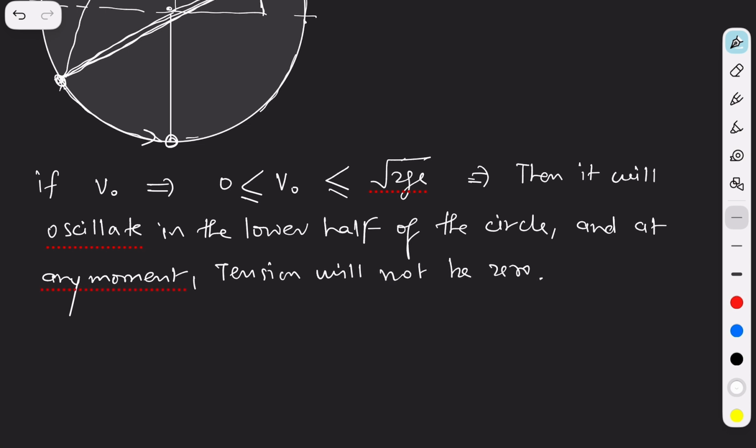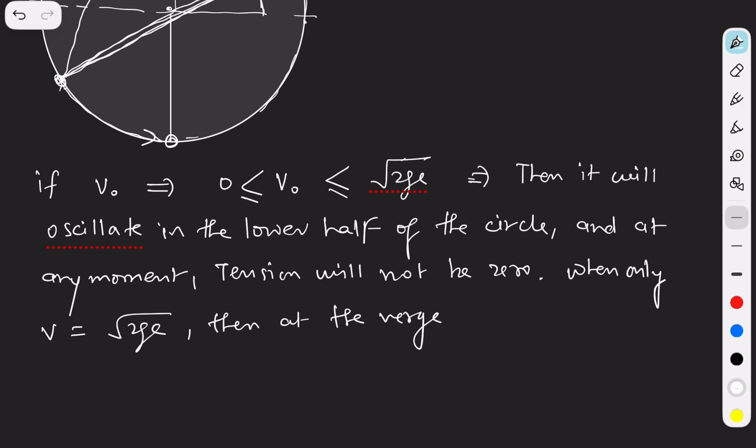Only, guys, when can the tension be zero? Only when velocity is given equal to root 2 gl, then at the verge of the lower half boundary, tension will be zero.